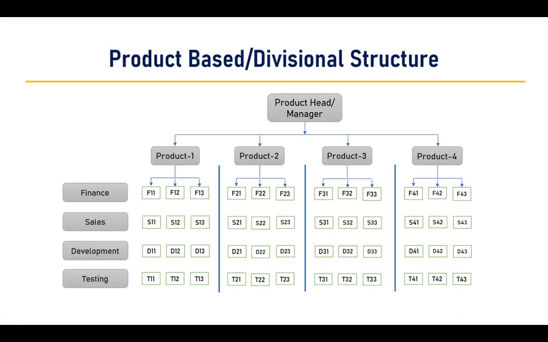Then over here, we're looking at a matrix structure where it's broken down by 4 product categories, and each product category also has a functional unit that it reports to as well. So in a matrix structure, anybody who works in F12 reports to the VP or director of product 1 as well as finance.